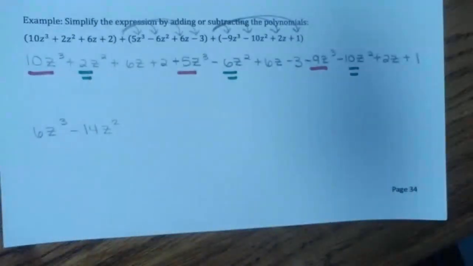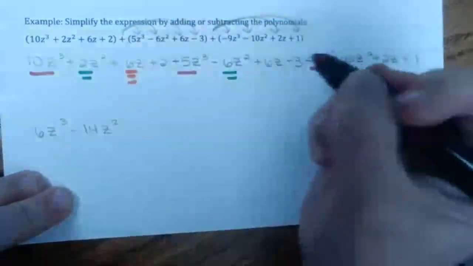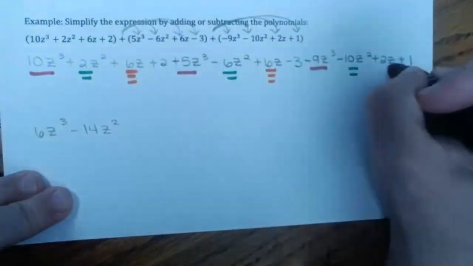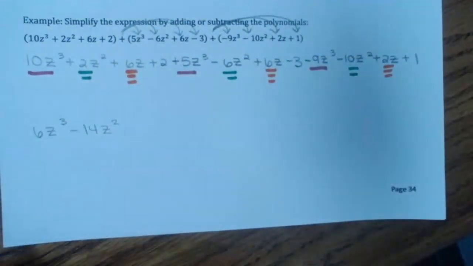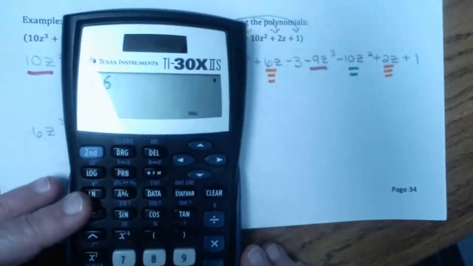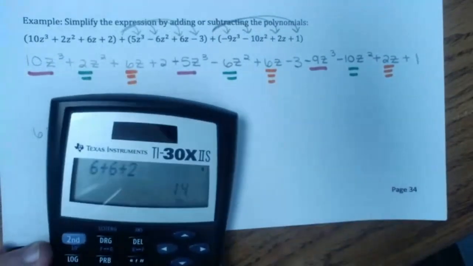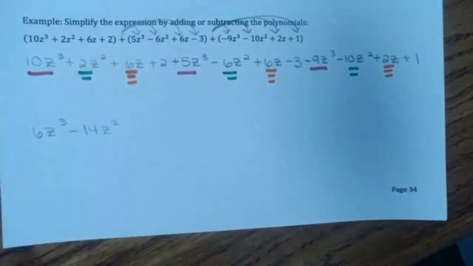Next we have 6z plus 6z plus 2z, which would give us 14z.